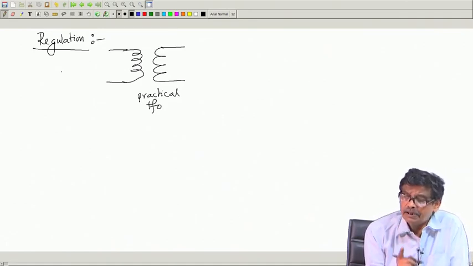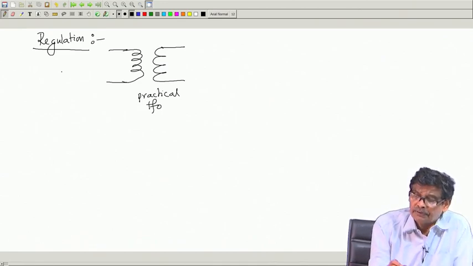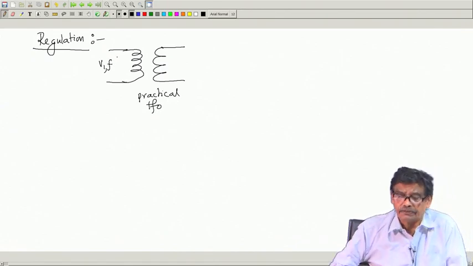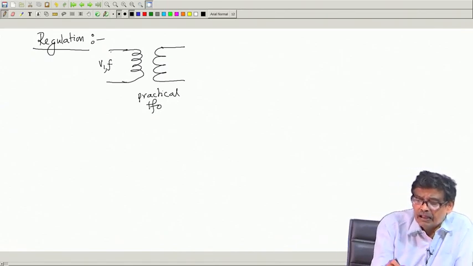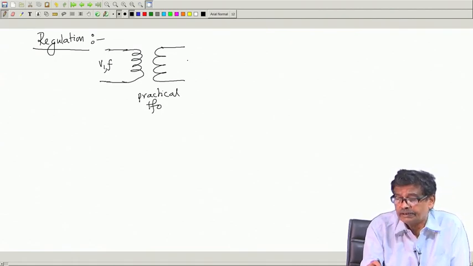Now, what do I mean by regulation? Suppose you apply the rated voltage at rated frequency, always apply rated frequency, okay, and note down this voltage with no load connected.